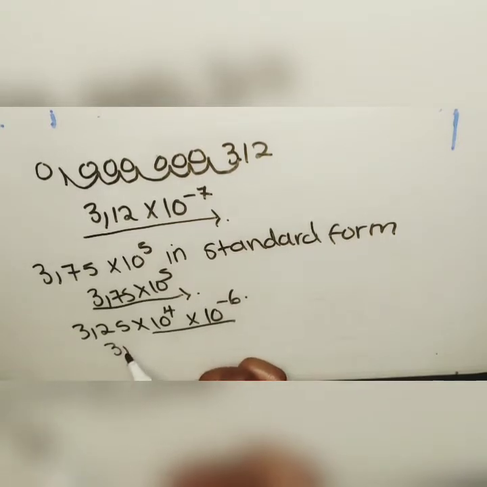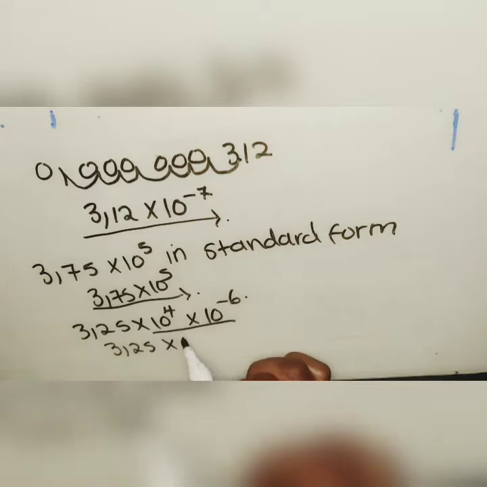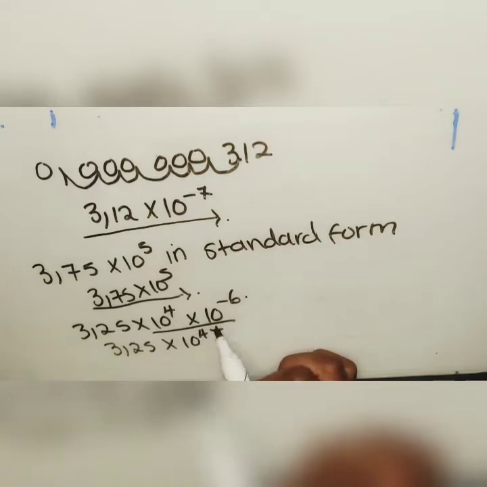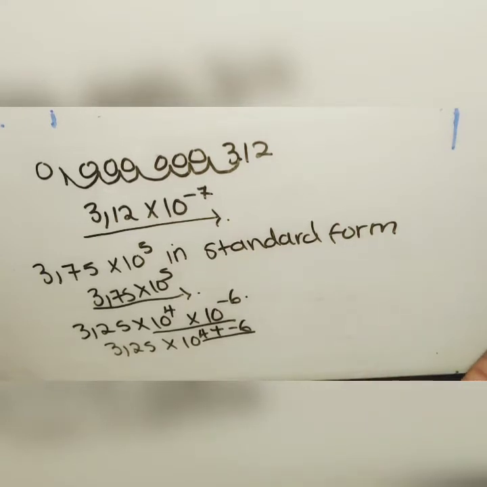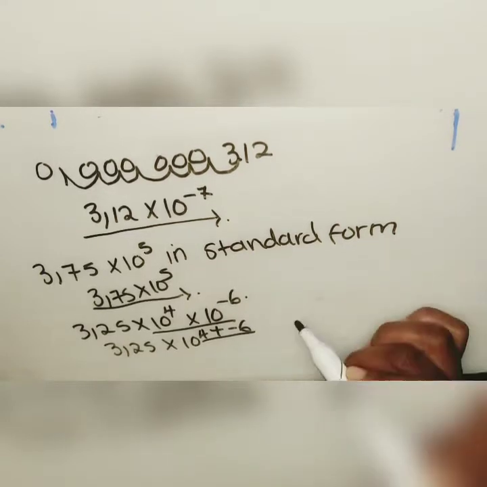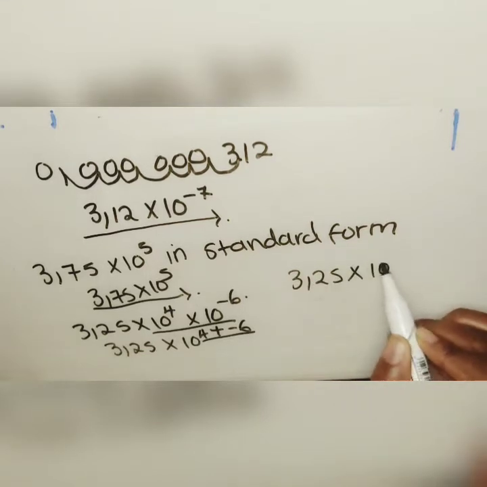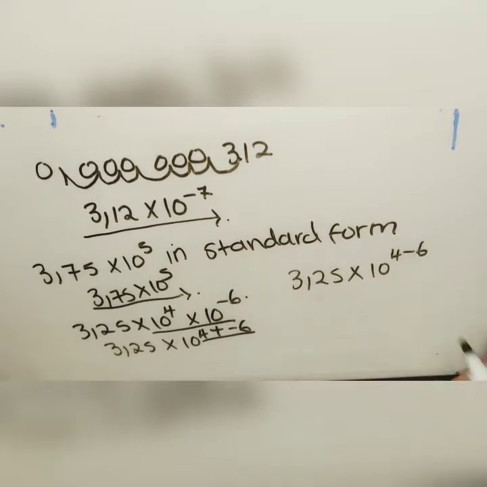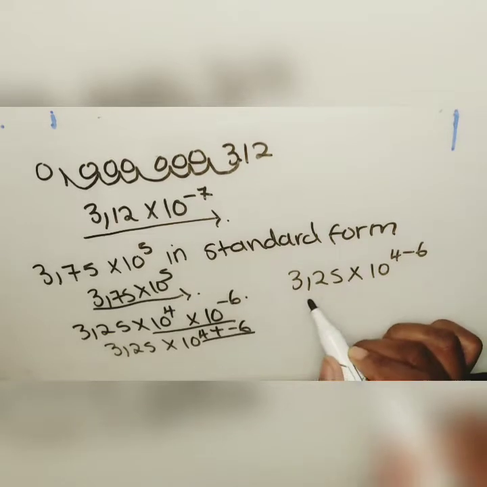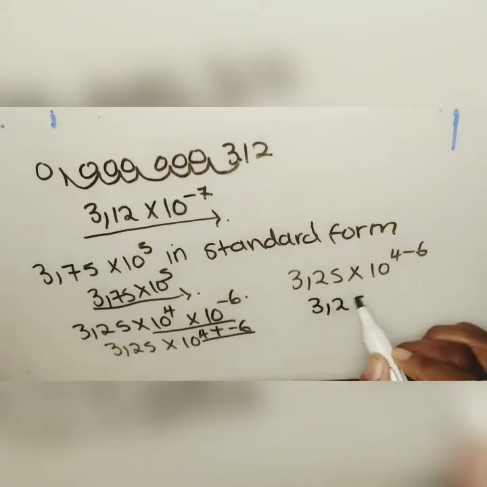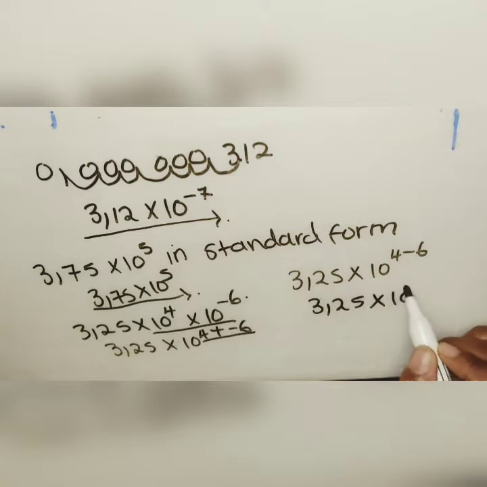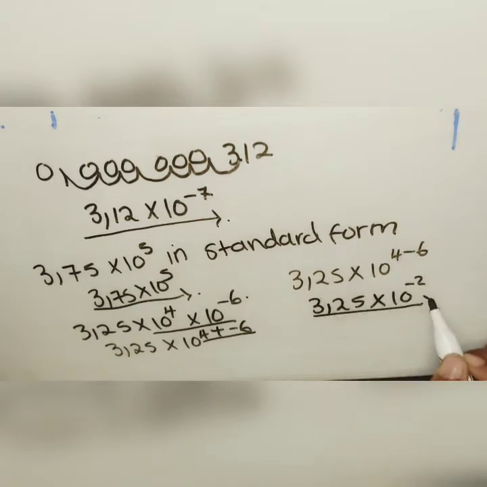So we'll have 3,25 times 10 to the power 4 plus a minus 6. A plus and a minus, when they are following each other like that, give me a negative. So this will be 3,25 times 10 to the power 4 minus 6. And what is 4 minus 6? It's a negative 2. This then becomes 3,25 times 10 to the power negative 2.